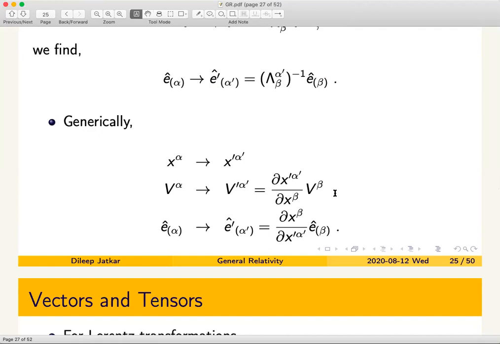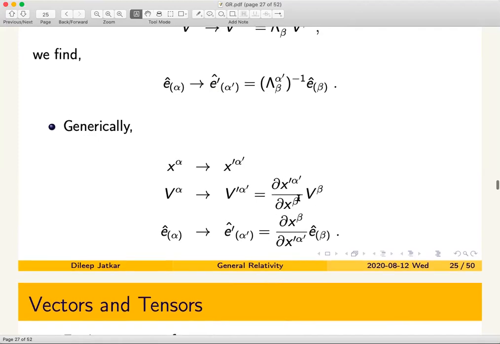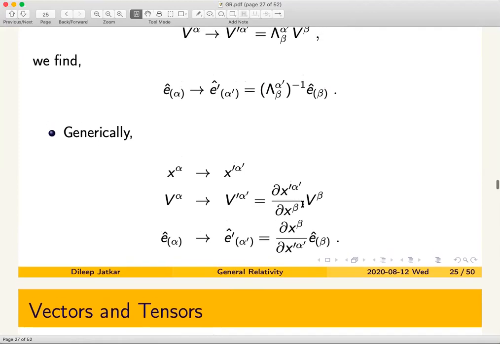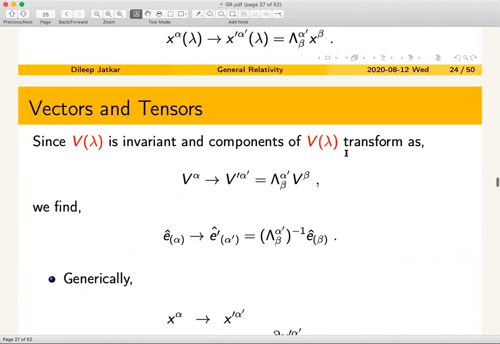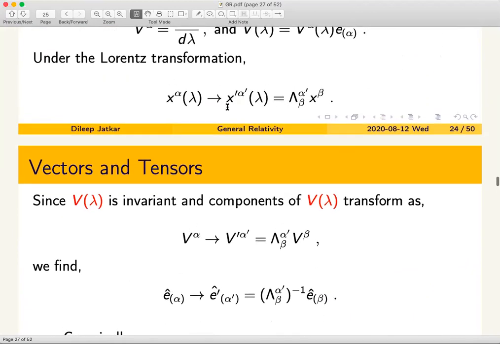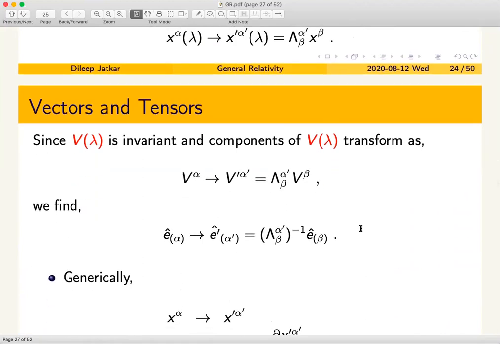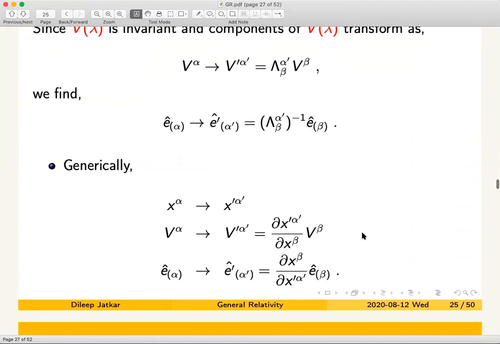It's trivial to check that if x'^α' is a linear transformation like this, then if you take this partial derivative, you actually get the Lorentz transformation parameter Λ. And the inverse transformation of the basis vectors shows up as the inverse element ∂x^β/∂x'^α' multiplying ê_β.